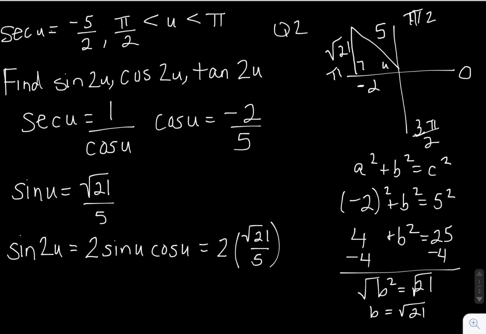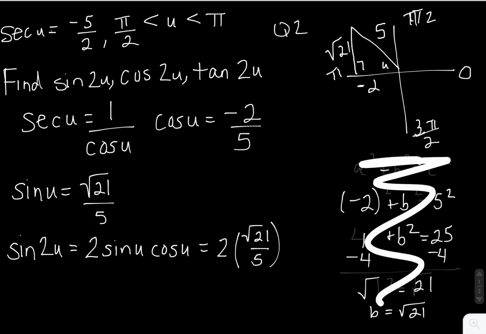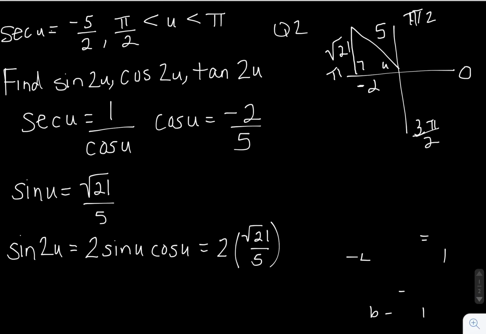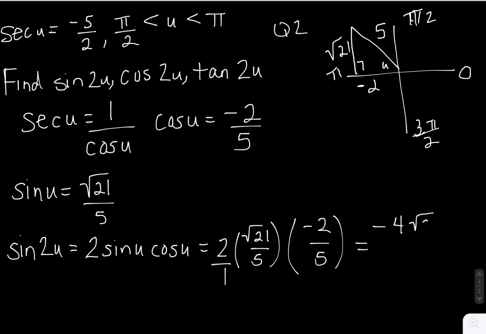All right, let me erase this over here just to make some more space for us. Okay, moving on. And what is cosine of u? Cosine of u is -2/5. So what do we have? -4 square root of 21/25.